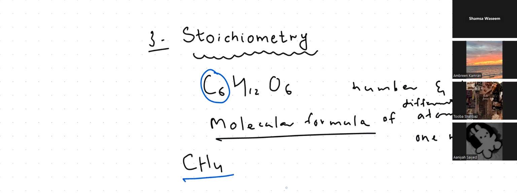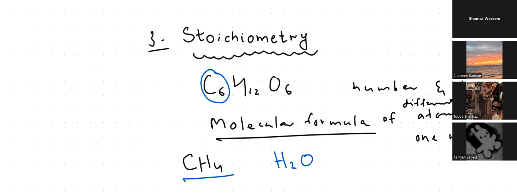Yes. Okay. Anya, did you get the molecular formula? Yes. For example, the molecular formula of water is H2O. So again, how are you going to define it? It states the number and types of different atoms in one molecule.